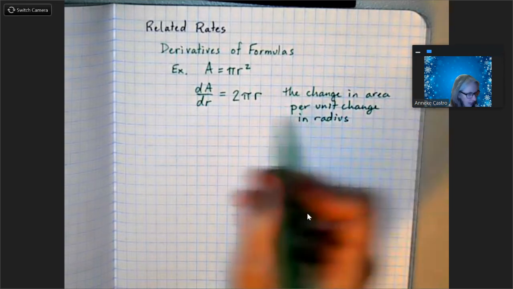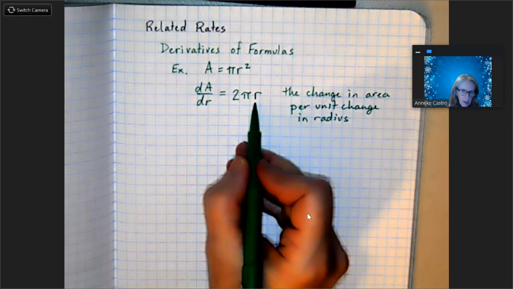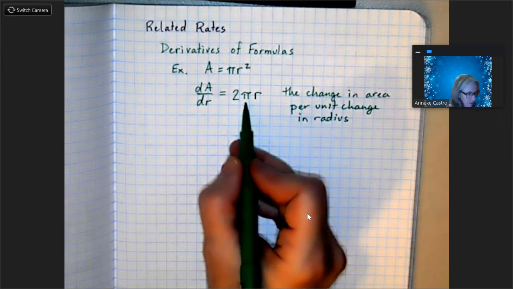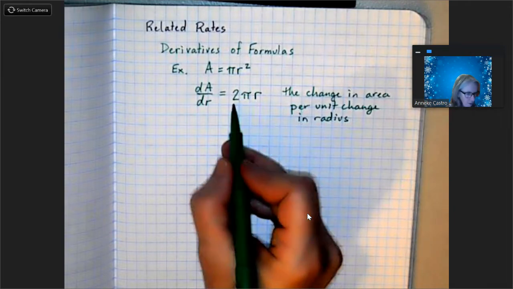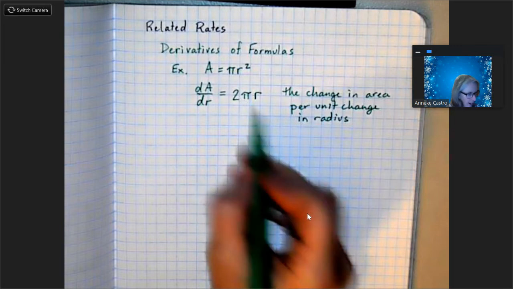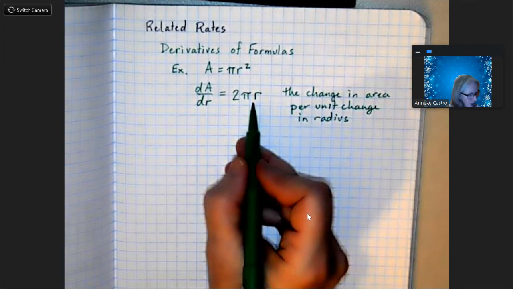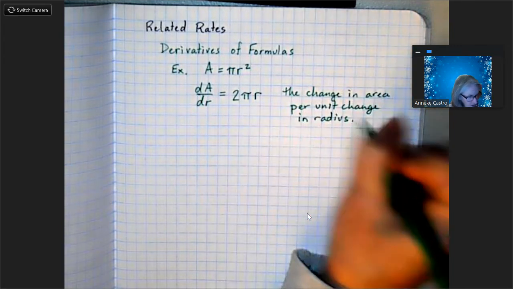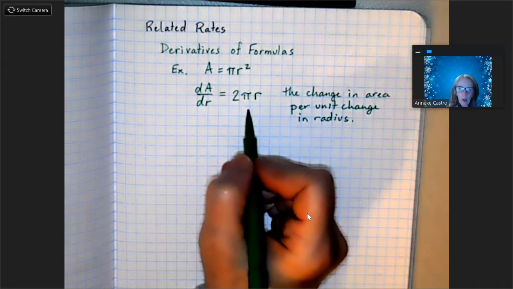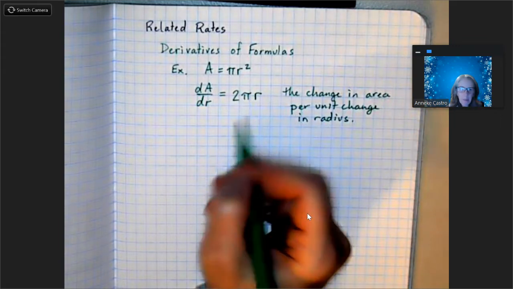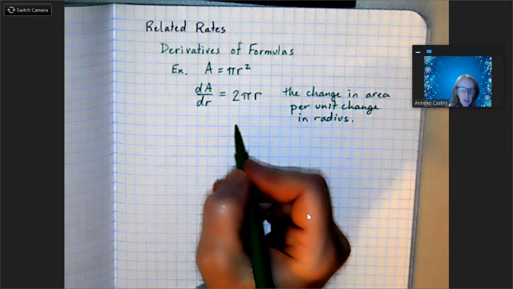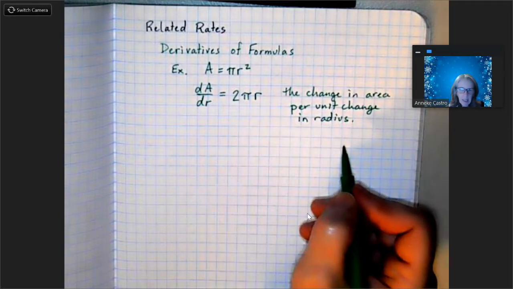So if the radius, say, changes by 1 centimeter, the area is going to change by 2 pi centimeters, because 1 times 2 times pi is 2 pi. If the radius were changed 3 centimeters, then 6 pi would be the change in the area. Okay, so this is the change in area per unit change in radius.